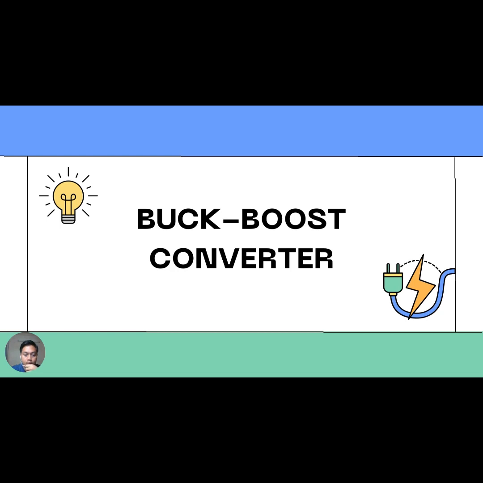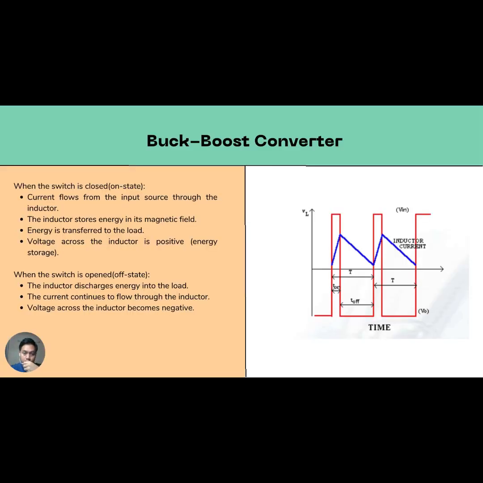Bismillahirrahmanirrahim. Next, I will try to explain the graph of the buck-boost converter. First of all, as we see in this graph, when the switch is closed or the converter is in the on state, the current will flow from the input source to the inductor, and this will induce the voltage.